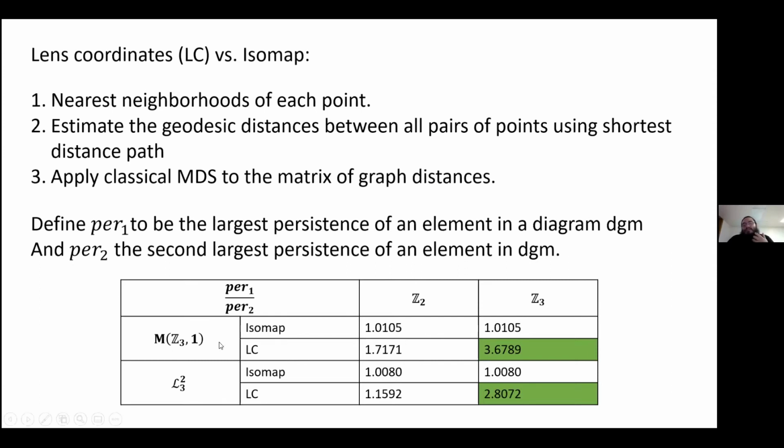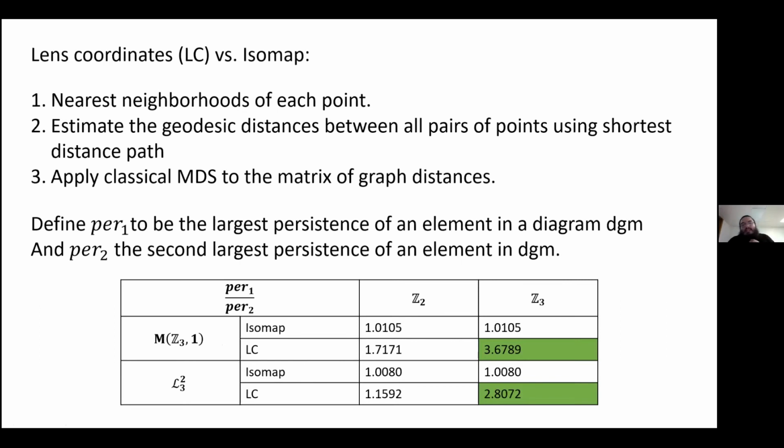And what this result is telling us is that our algorithm, or our lens coordinates, are able to preserve the topological information that methods like Isomap may be losing in the process of dimensional reduction. The same thing was done where the initial space was the lens space L32, and we obtained similar results in the quality of the lens coordinates after dimensional reduction.